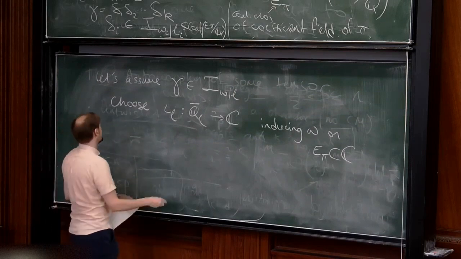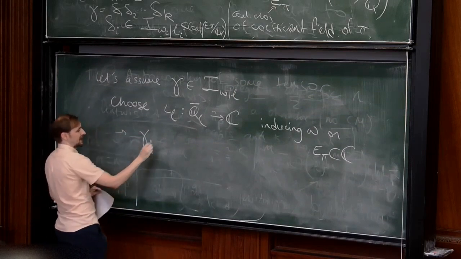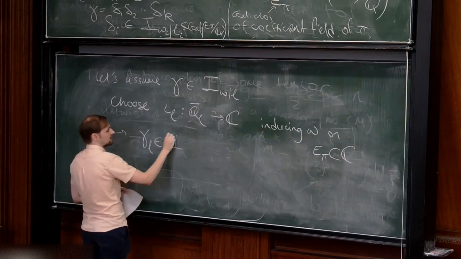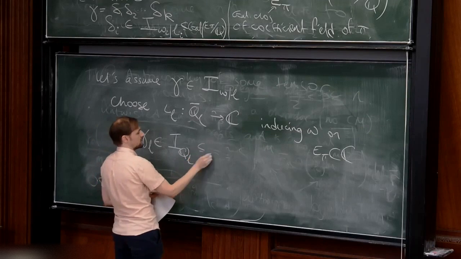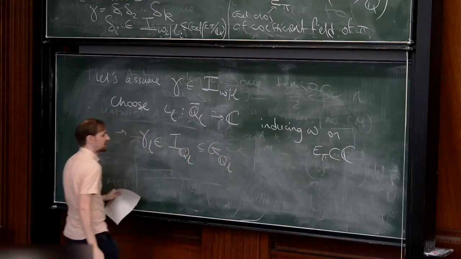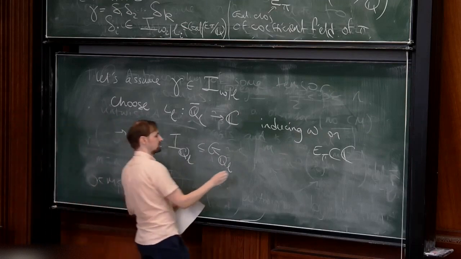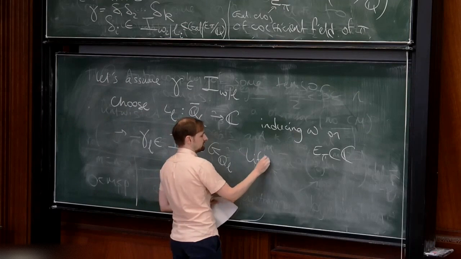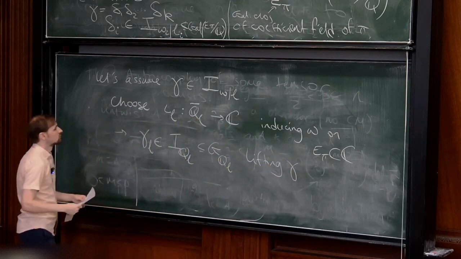Then we can also choose gamma L in the inertia group inside that absolute Galois group of QL, which lifts gamma. Okay.